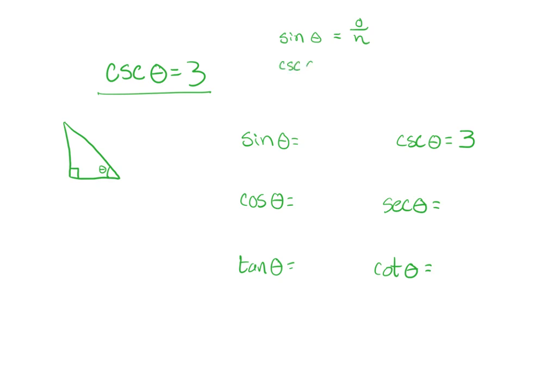So then cosecant is hypotenuse over opposite. So in this case, 3 over 1. So the hypotenuse is 3, opposite is 1. 1 squared plus b squared equals 3 squared. So b is the square root of 8, which can simplify to 2 square roots of 2.